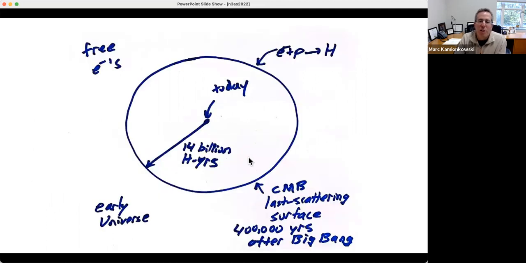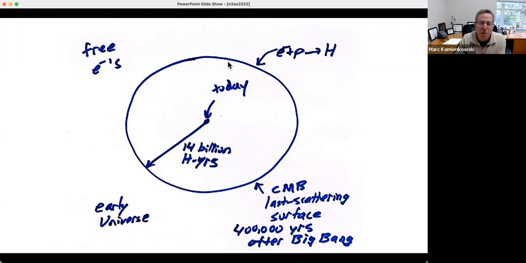So to do so, I need to try to explain to you how it is that the Hubble constant is inferred from the cosmic microwave background. We live in a universe that's approximately 14 billion years old. The cosmic microwave background surface of last scatter is a spherical surface that we see in the early universe. The radius of that sphere is 14 billion light years.